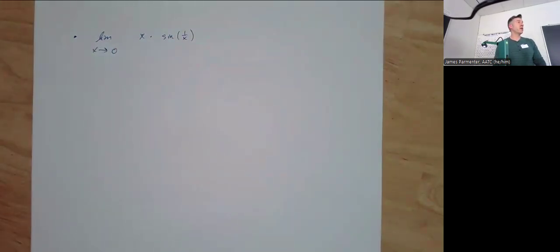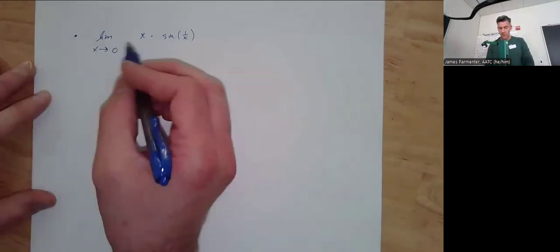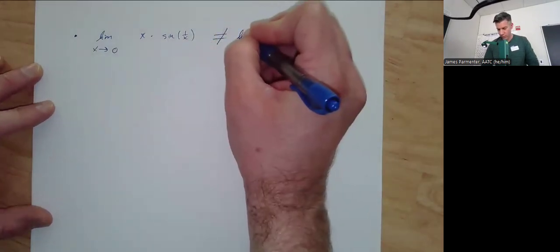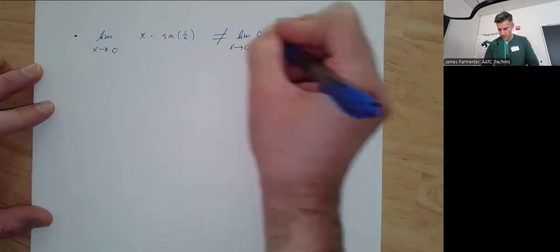Sure, this is going to seem kind of dumb, but bear with me. You can't break this up. So here, even though this limit does exist, we'll show it again with the squeeze. I think it's a good thing to see again. You cannot say that the limit of this product is equal to the product of the limits.